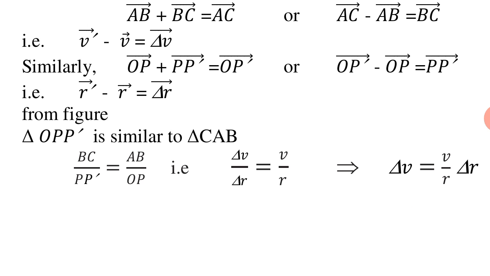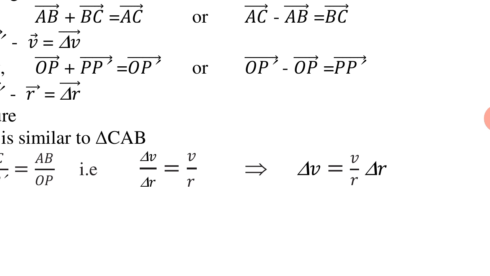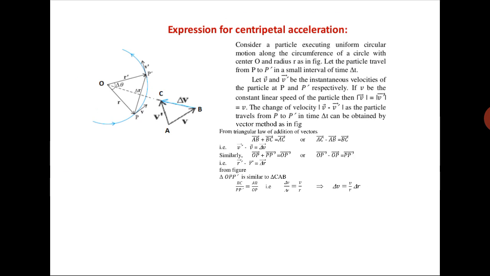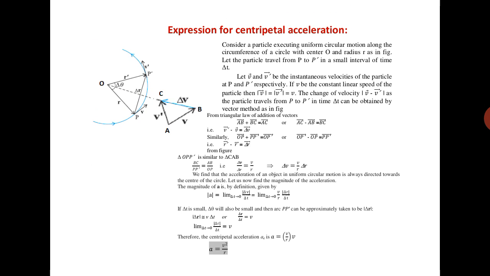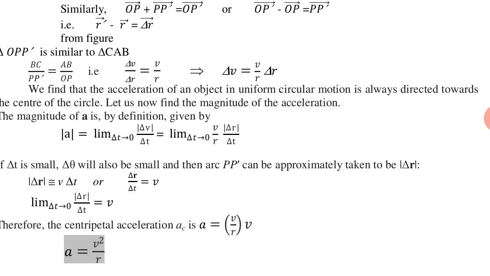So that is, BC is change in velocity and PP dash is change in R, that is radius. So AB is V, OP is R. Delta V by delta R equal to V upon R. So delta V equal to V upon R into delta R.